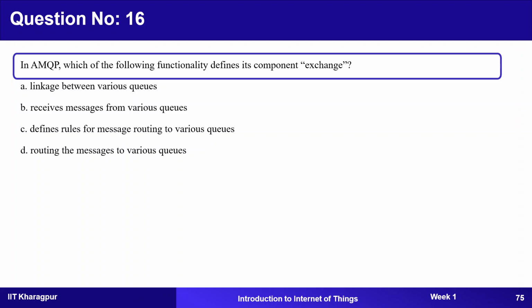We have discussed this while discussing some questions on AMQP, the components of AMQP, binding, I guess. There we discussed exchange. No? Okay. So the correct option is routing the messages to various queues. This exchange is responsible for routing the messages to various queues.